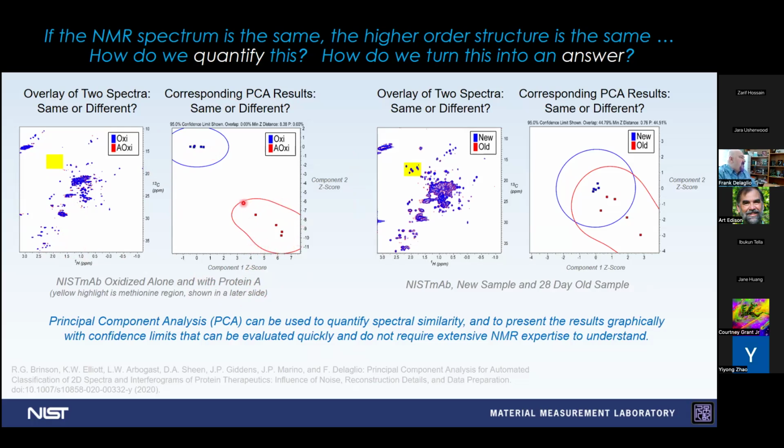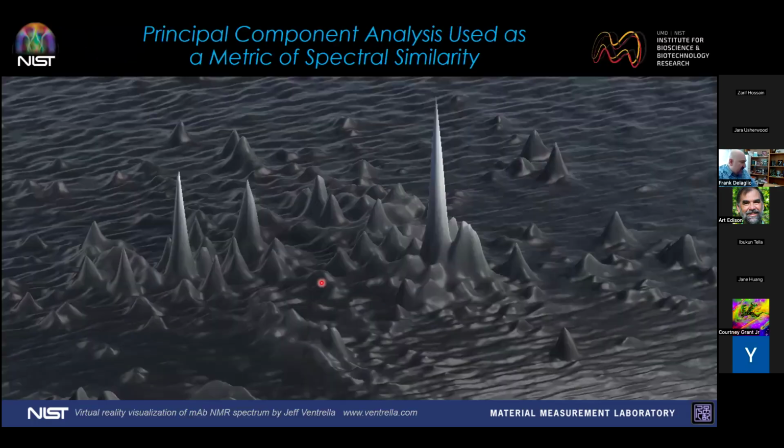And these are uncertainty bounds. So we can look at a graphic like this and tell very clearly these two samples are substantially different from each other according to their spectra, whereas these two samples are not. So very useful. How can we make an analysis like this one? We can do it with a method called principal component analysis, or PCA.